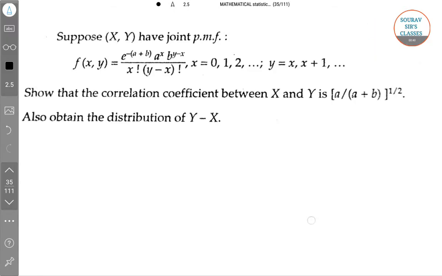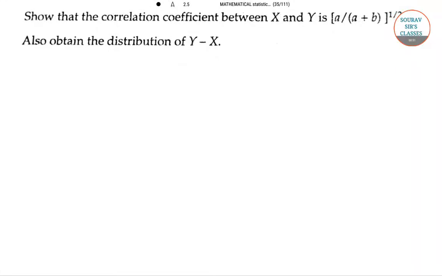So we'll do it this way. First I'll write down M_{x,y}(t1, t2) equals summation x equals 0 to infinity, summation y equals x to infinity.